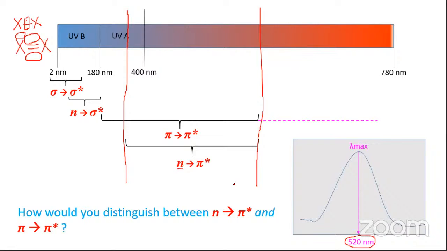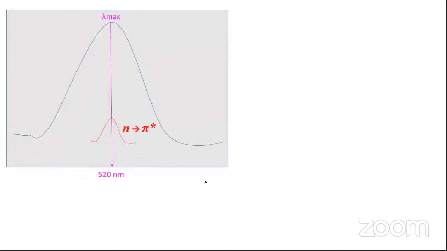Yes, sir. The chance of pi to pi star transition, that means the chance that when the pi electron accepts this amount of energy it will stabilize in the pi star orbital, is more compared to the chance when the non-bonding electron jumps and lands up in the pi star orbital. So when we talk about the peak height for n to pi star, it will be this, while the peak height for pi to pi star will be this, right?